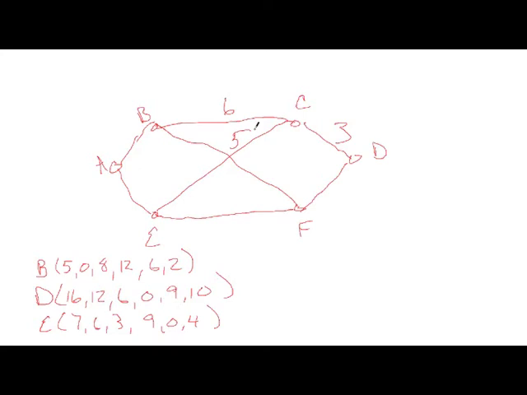So that's the state of the information in the question. It wants to know what C's new routing table is. Give both the outgoing line to use and the cost.